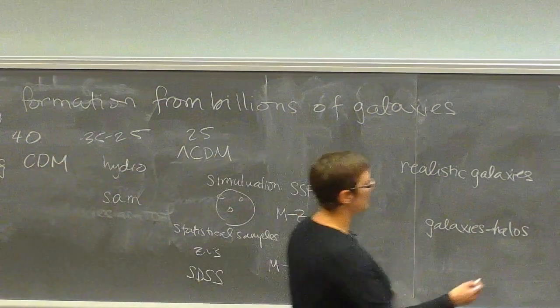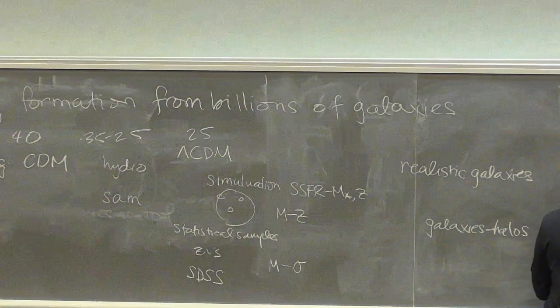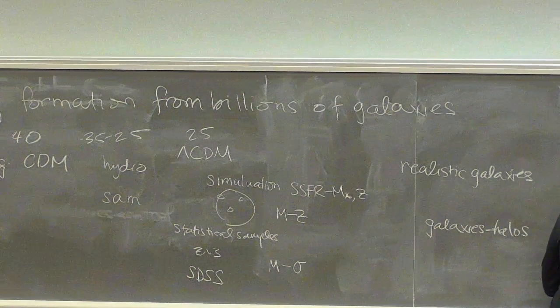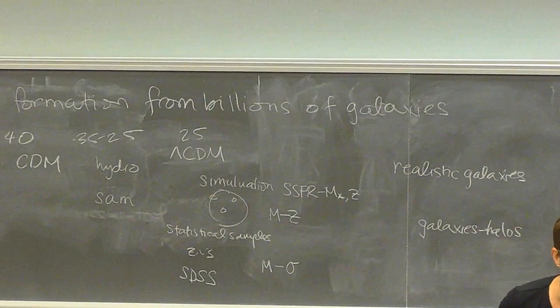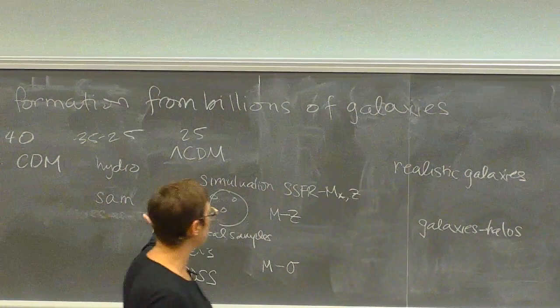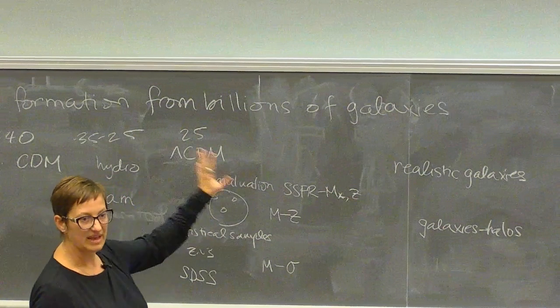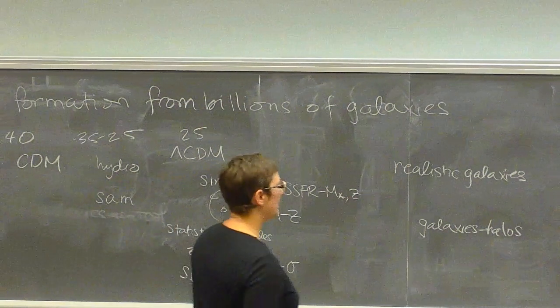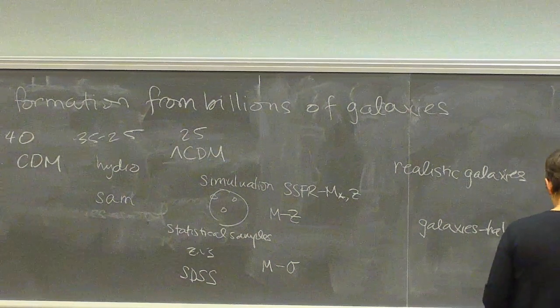And of course, thinking to the future, I think we really have a data revolution that we're in the midst of, but certainly is going to accelerate. So just to spend a few more minutes on this cosmological model and the galaxy formation model, let me just use this part of the board.